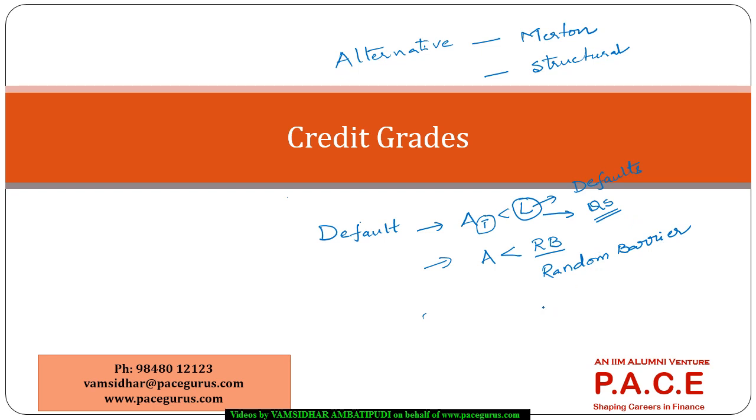Whereas the default can occur not just at time t, but at any point in time. So that is the reason CreditGrades is a kind of improvisation over the existing Merton model.